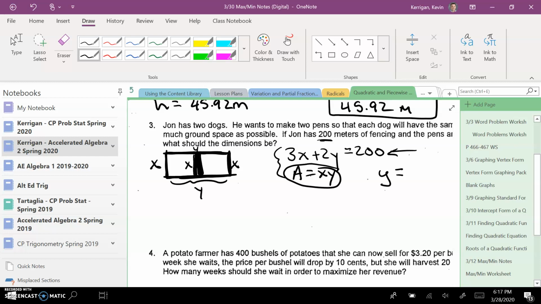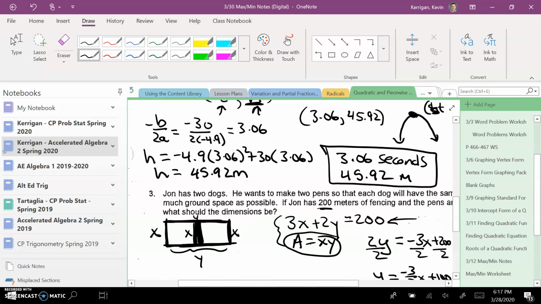We'll solve for Y. So I'm going to subtract 3X over, plus 200 equals 2Y, and then divide everything by 2. So I'm going to get Y equals negative 3 halves X plus 100.